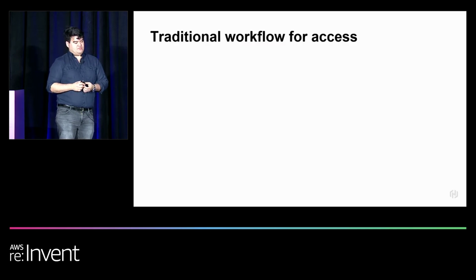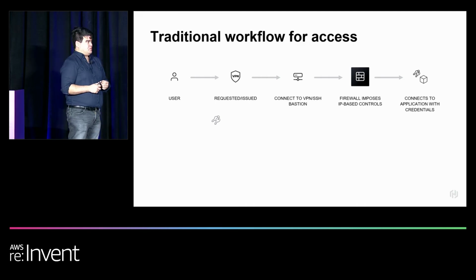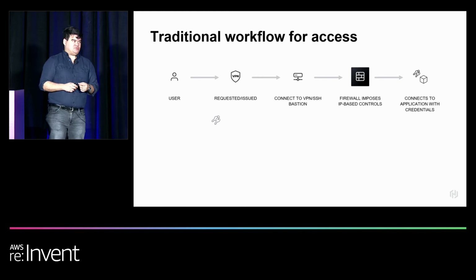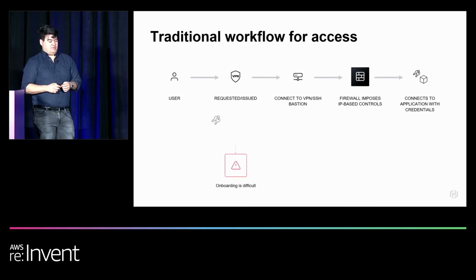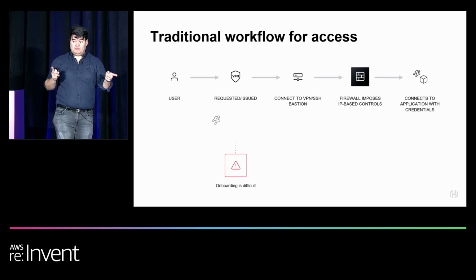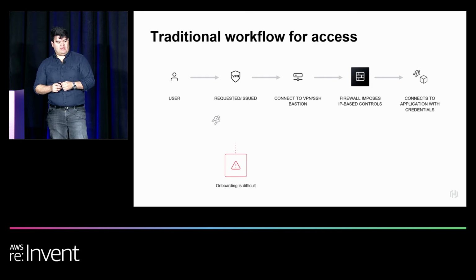Let me contextualize the workflow of how Boundary might work within that context of having multiple different ways to verify a user's model of access. In a traditional model, I might have to request access to the VPN to be able to connect to something like a Bastion source or an SSH source. That's difficult because, as we saw before, depending upon my methods of identity, there might be multiple teams that handle that process. They have to file a ticket and hope that everything works out for the best.